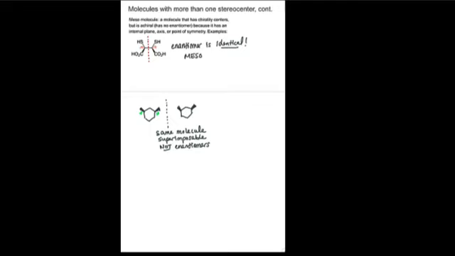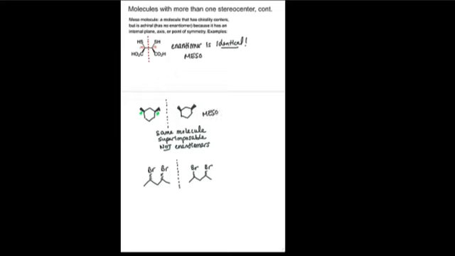Okay, and so let's do another example. So maybe we have a couple of bromine atoms, and they're both pointed backwards, and this molecule is looking at itself through a mirror. What it's going to see in the way of a mirror image is the exact same molecule.